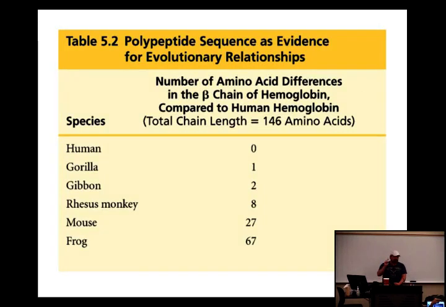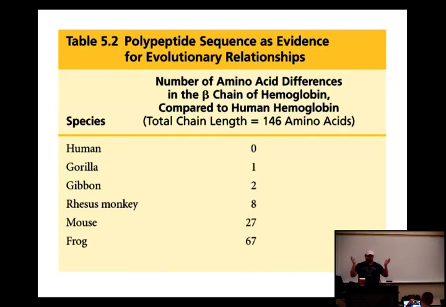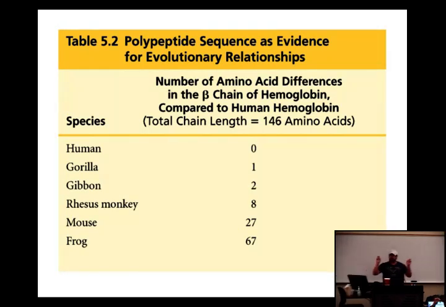So this is the particular beta subunit, and you guys can go back and look at the quaternary structure of proteins in this same chapter, and you'll see that the human hemoglobin beta chain is 146 amino acids long, and if you look at every single human being that has a normal phenotype, so we're not talking about sickle cell, right, just normal, we all have the same hemoglobin.